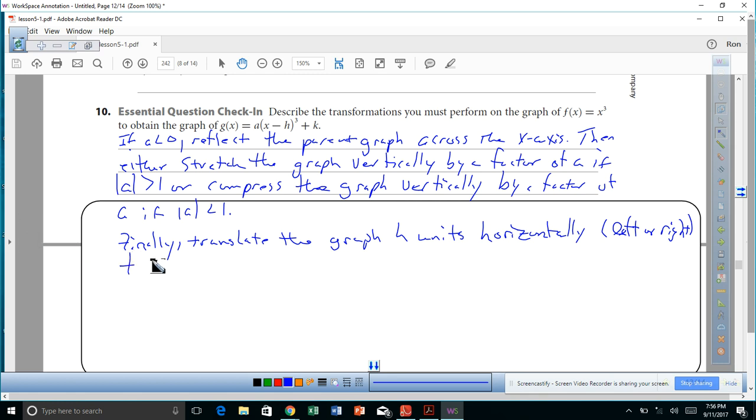And k units vertically, and that would be up or down.